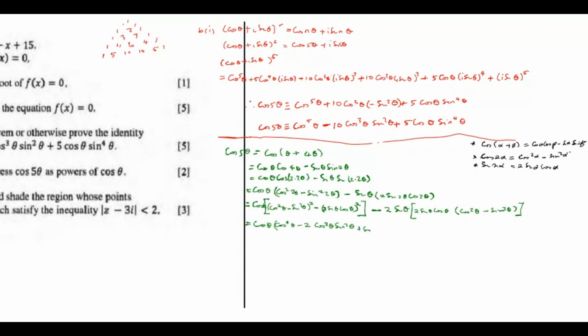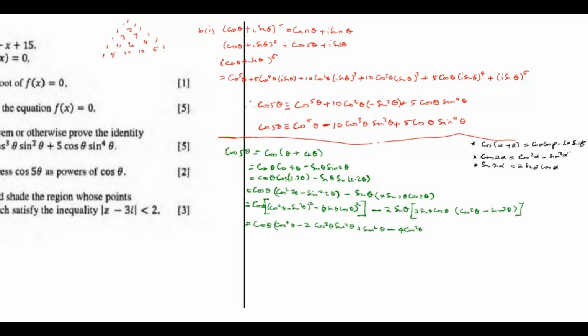It's going to subtract this one. So it's going to subtract 4 sine squared theta. If we are to start with cos, it's going to be cos squared theta sine squared theta.